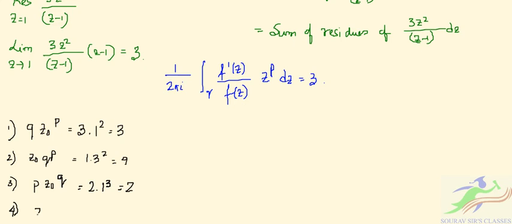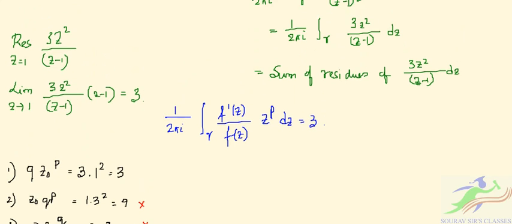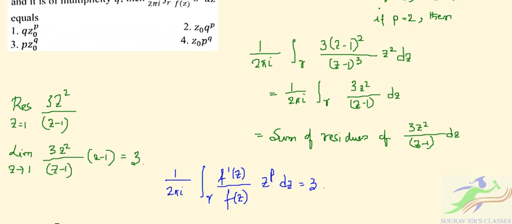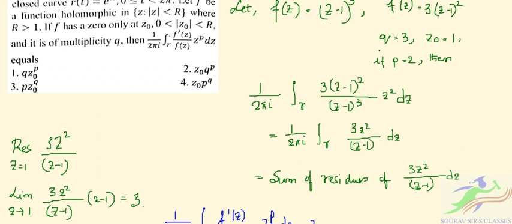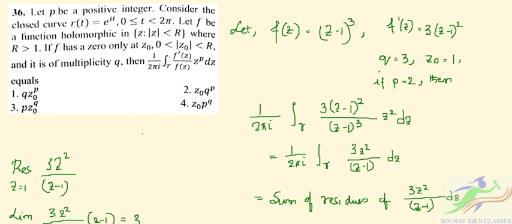Option 4 is z0 p to the power q: 1 to the power 1 into 2 to the power 3, that is 8. So options 2, 3, 4 are all incorrect. Only option 1 is correct. So it is the option q into z0 to the power p. Option 1 is correct.